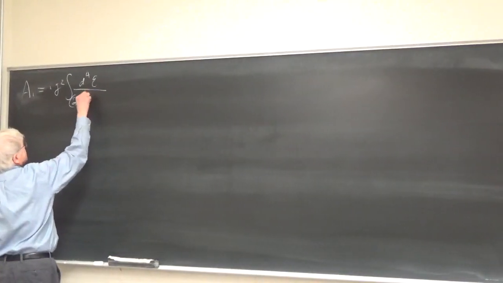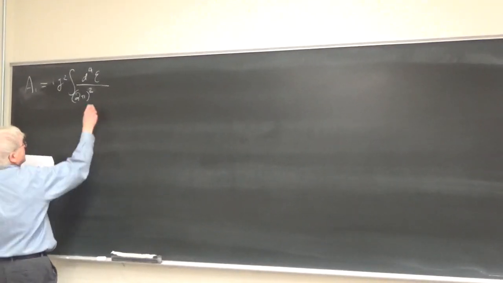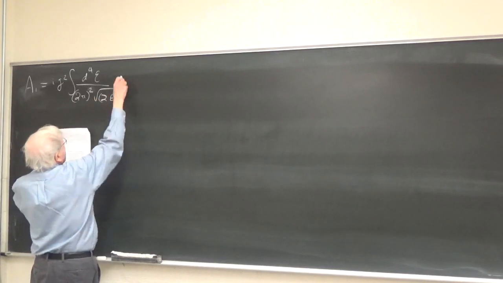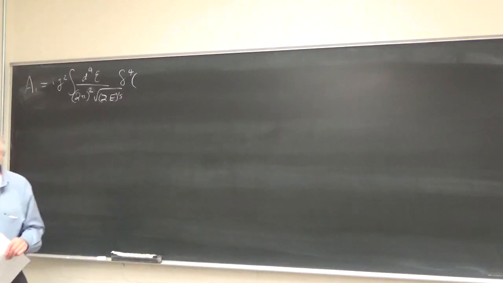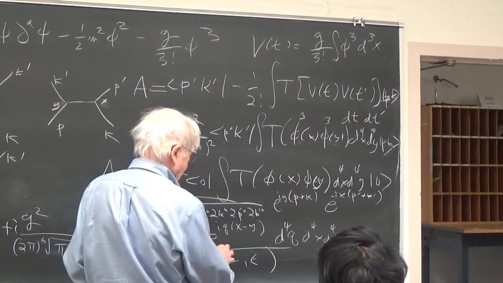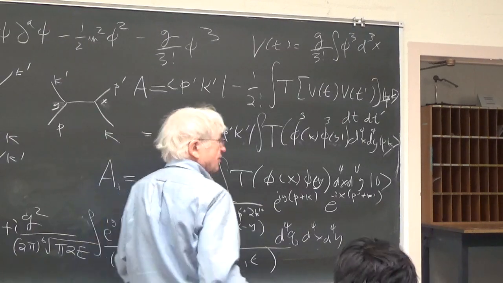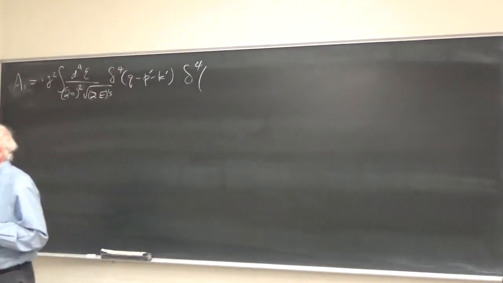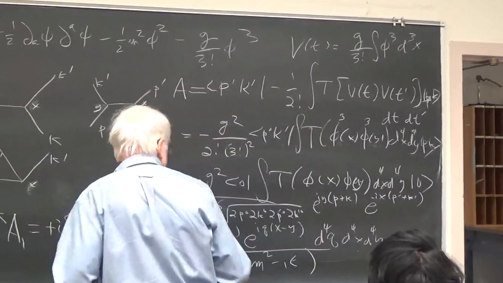So we're all the way down to 2 pi squared, square root of the product of twice the energies. And then we get delta fourth of, let's just look at the x part. What multiplies x? X is minus p prime, minus k prime, plus q. So this is q minus p prime minus k prime. And the other one is the y integration, and it's minus q plus p plus k.